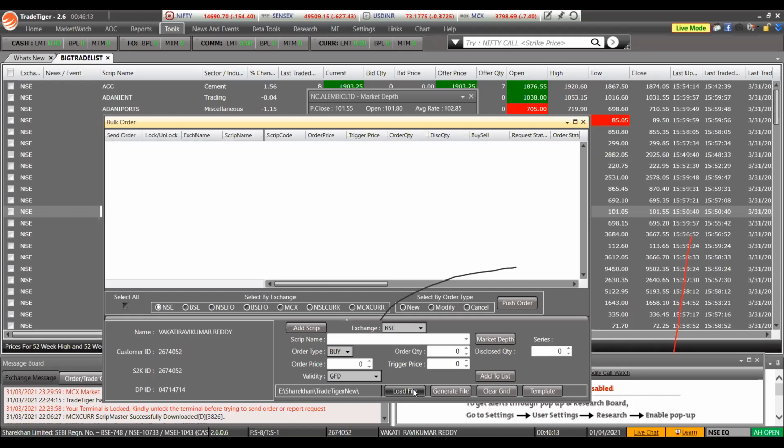But when we load, will all the orders be triggered, or will they wait for the price to come? No, see, the order is up to you. You load your order. If you put a limit order, obviously it will wait for the price to come.